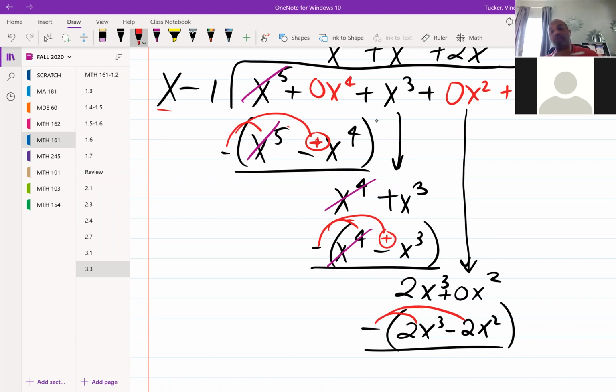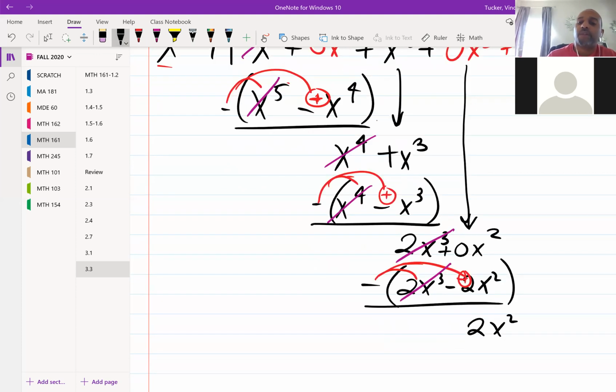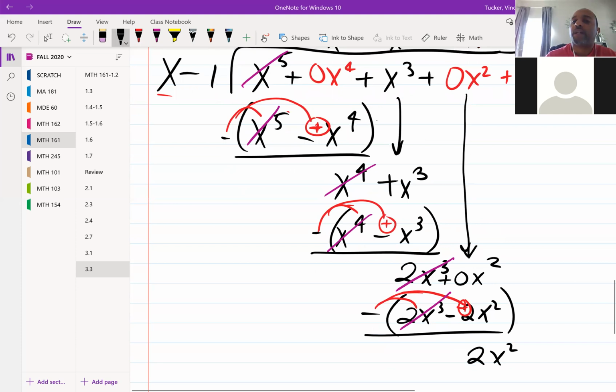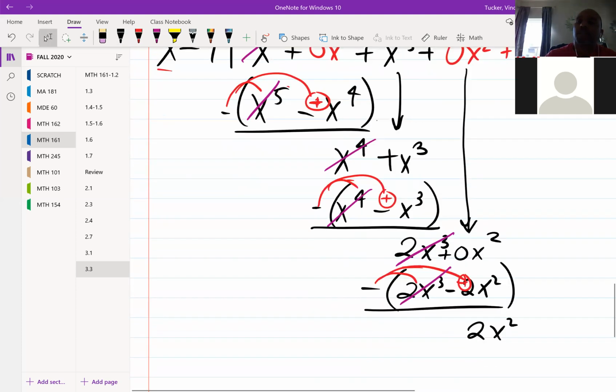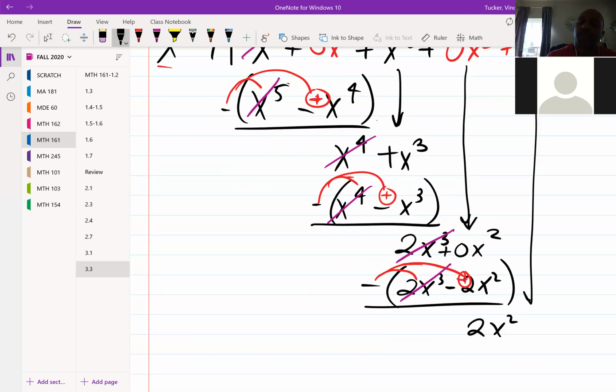Go ahead and distribute that negative once again. They cancel here once again. Negative to a negative turns positive right here. So 0 plus 2, 2x squared. Drop down the 0x.